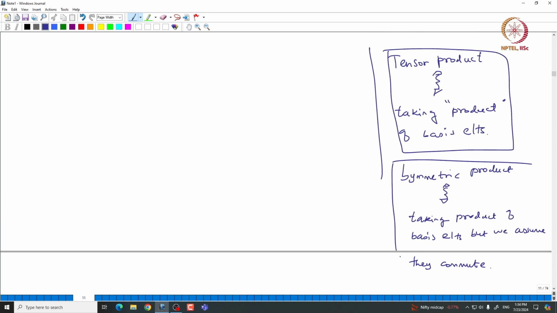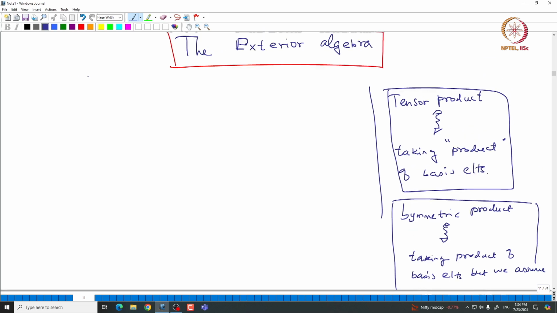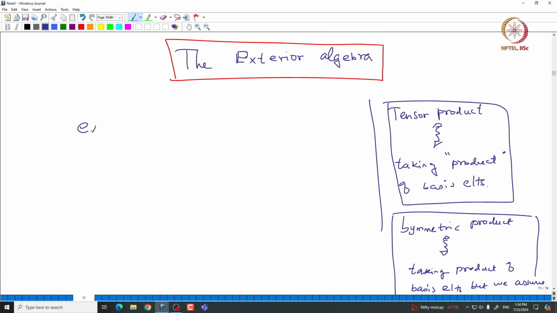Now we are going to see another product, in which whenever some variable repeats, we just want that product to be 0. That is where the exterior product comes in. So what is the exterior product?